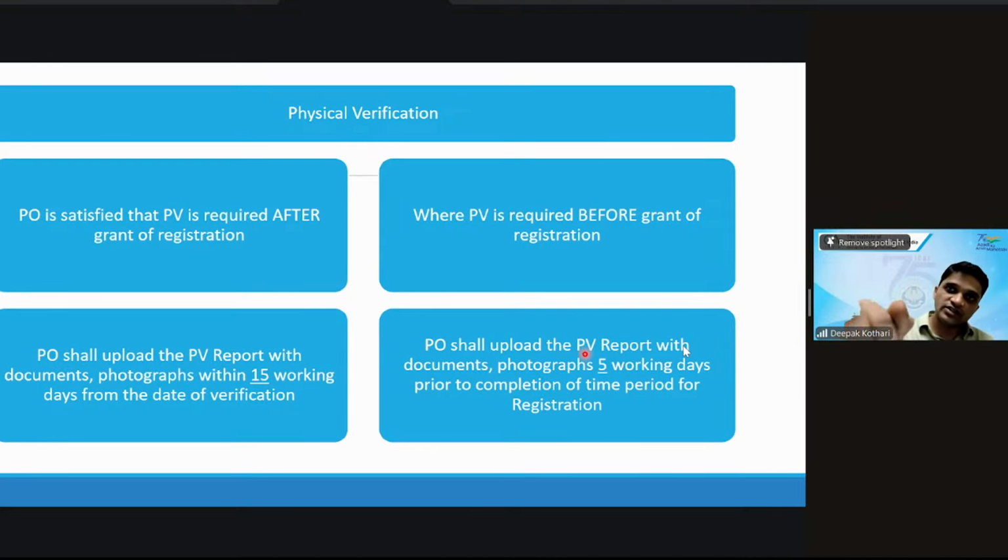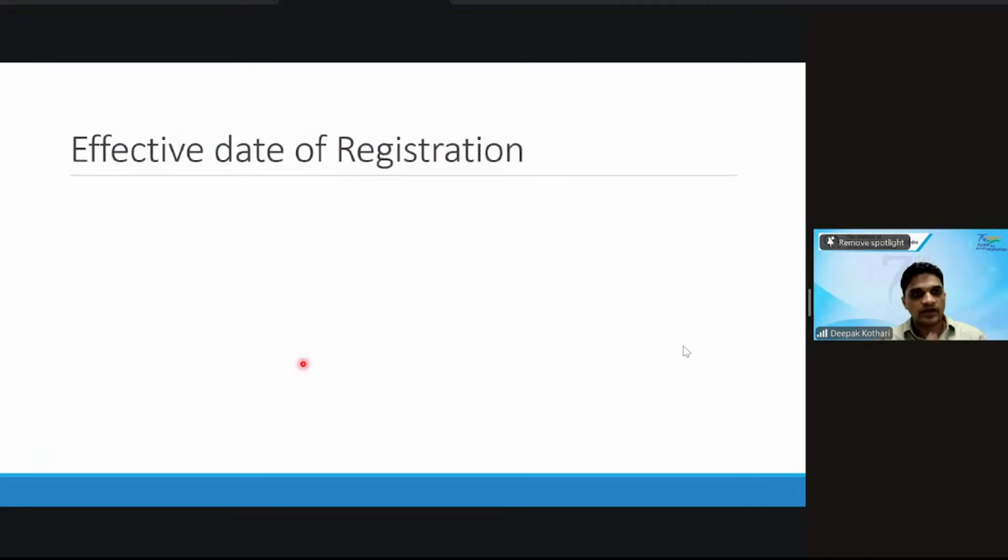Where physical verification is required, 5 days in advance before the closing date, he has to upload the documents, then the officer will approve it. Because verification करने वाला officer अलग होगा और approve करने वाला officer अलग होगा. So 5 days time is given to the officer who will approve the registration certificate. And if it is not before the grant of registration, it's after, तो फिर verification करके 15 days में उसको upload करना है.